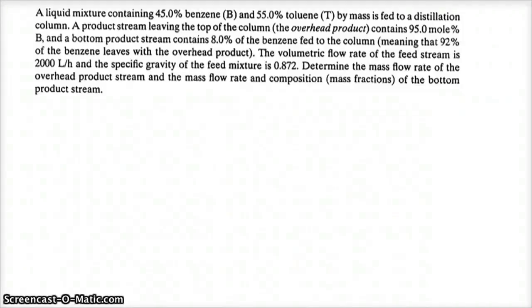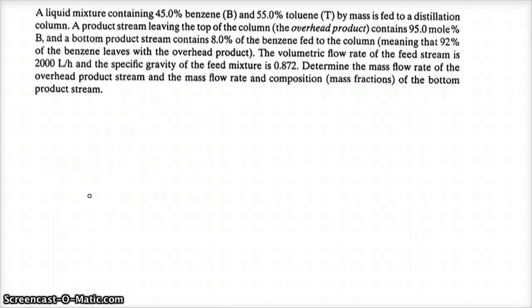So we've covered the general procedure for single unit process material balance calculation, and now let's just do an example. This is example 4.3-5 on page 102.